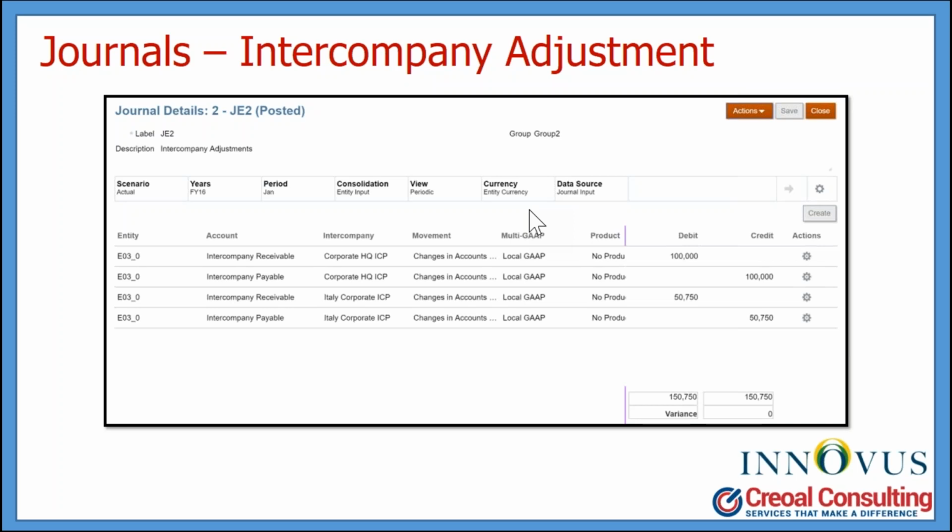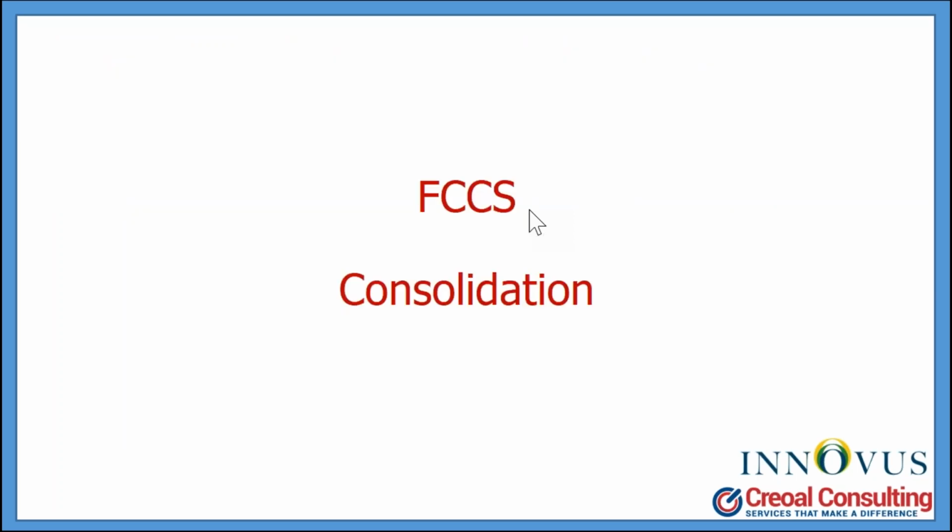Okay, so I think we've gone through a couple of different journal entry examples. What I'm going to move over to now and talk a little bit about is the concept of consolidation within FCCS. For the next two slides, I wanted to preface this conversation with exactly how FCCS performs its consolidation.